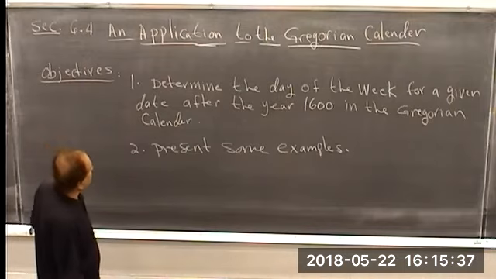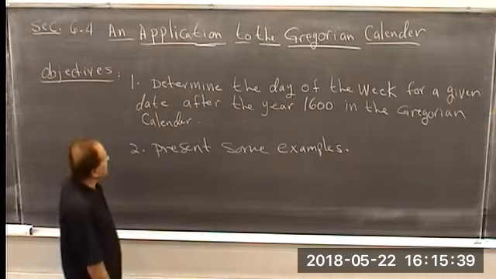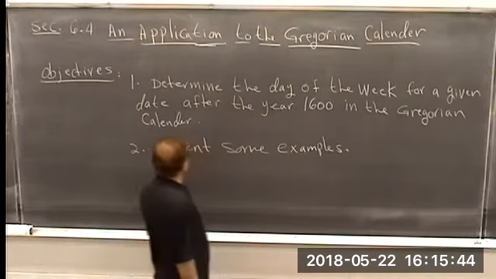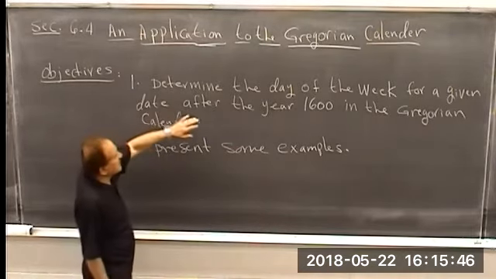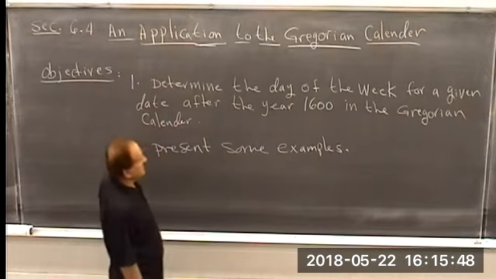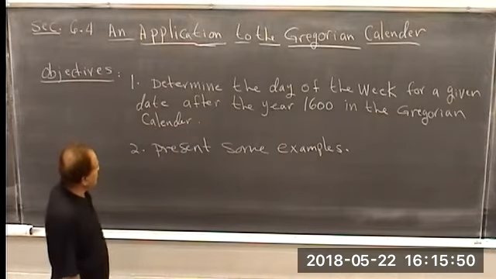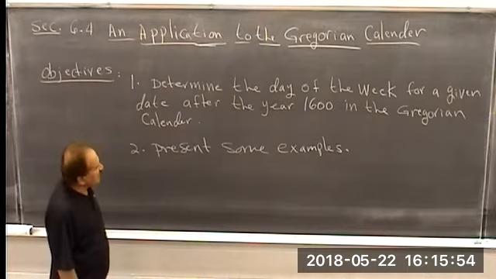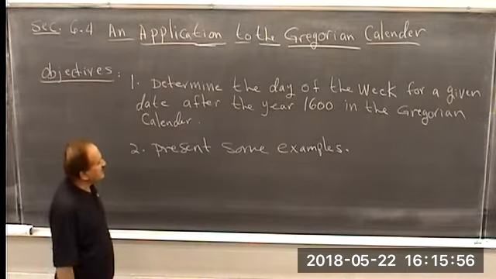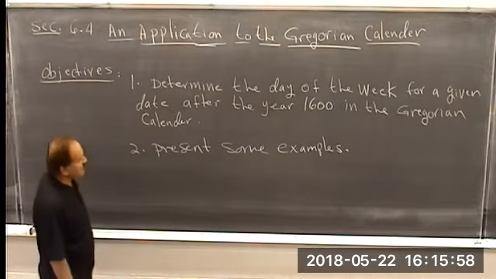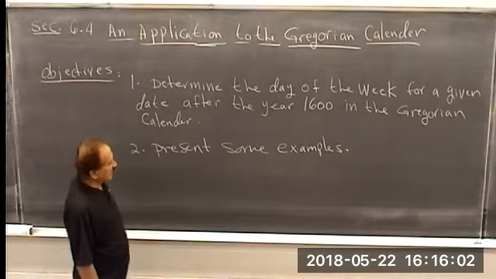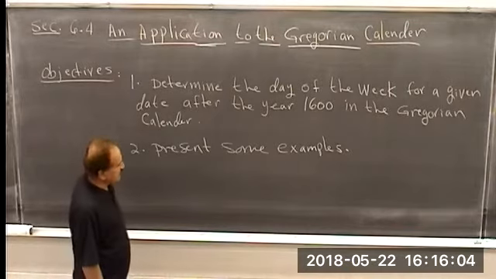Basically, we're going to find a formula to determine the day of the week for a given date after the year 1600 in the Gregorian calendar. Then we're going to present some examples of doing calculations, giving certain dates and finding the corresponding day of the week that date actually corresponds to.